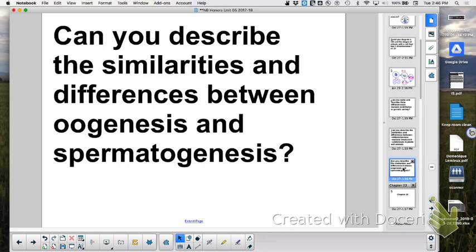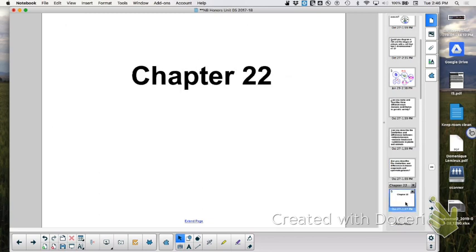In oogenesis, we do unequal, uneven cytokinesis so we can keep a lot of cytoplasm in one. The other cells we make are called polar bodies. We do unequal cell division so all the nutrients are in one. In spermatogenesis, you make a bunch of sperm.